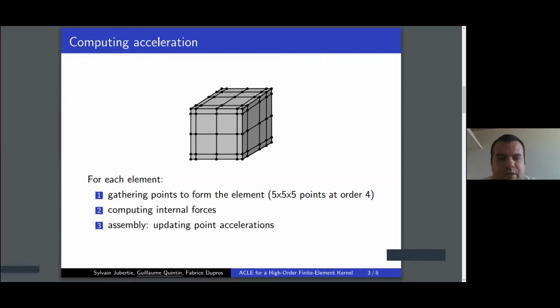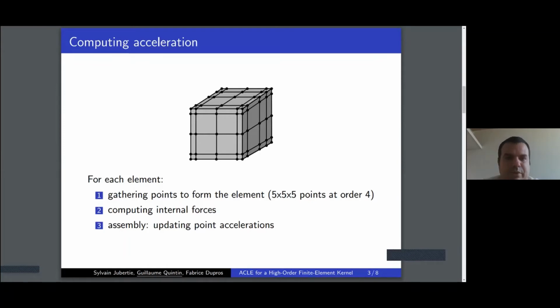Then we compute internal forces, and then we update: we put results back in memory. The difficult part, as I said, is that different elements share some points, so the memory accesses are not that good. We have to do gathers, and to put results back into memory, we have to do scatters too.